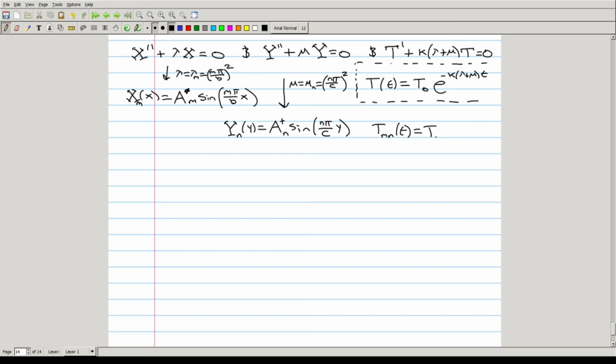Specifically, it'll be T mn, where T mn naught times e to the negative k times m pi over b squared plus n pi over c squared times t.